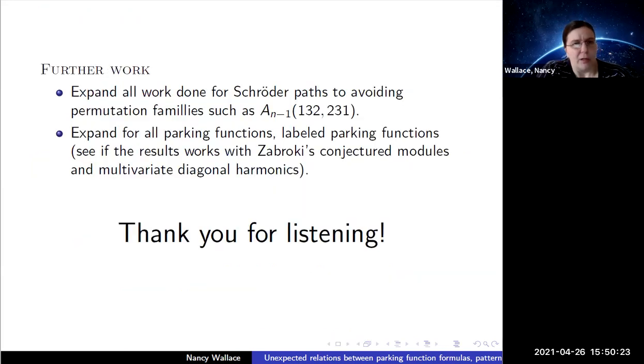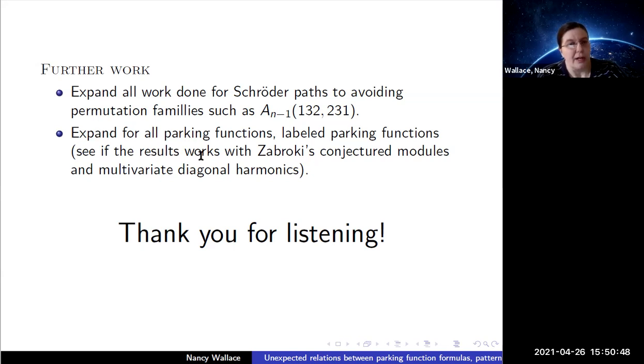And further work is to expand all the work done for Schroeder paths to the avoiding permutation families that I mentioned. That way, if I have the algorithm, I could get all the functions, each Schur function or quasi-Schur function.